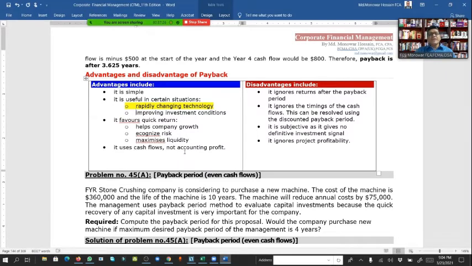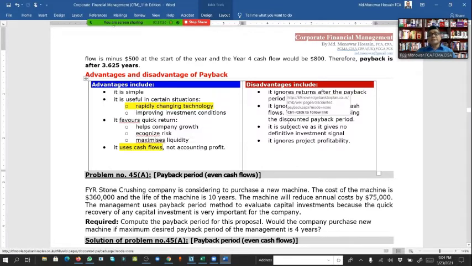It favors quick return, that is, how fast we get back the money we are investing. It helps the company reduce economic risks and gives maximum liquidity. Also, it uses cash flow, not accounting profit as in accounting rate of return. So that is the positive side.